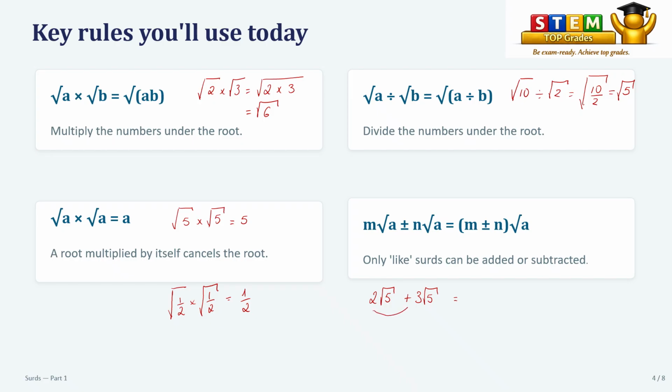So we're going to get 2 plus 3 which is 5 root 5. That's an addition. In case of a subtraction, let's say you got 10 root 3 minus 4 root 3. That would give us 6 root 3.